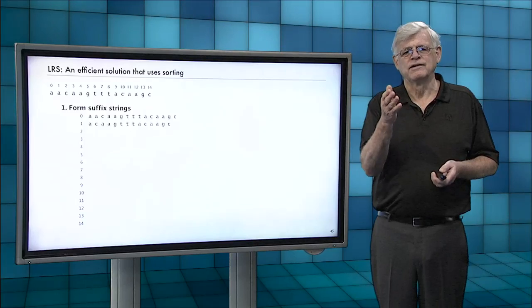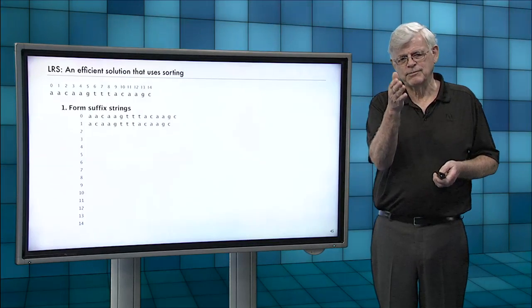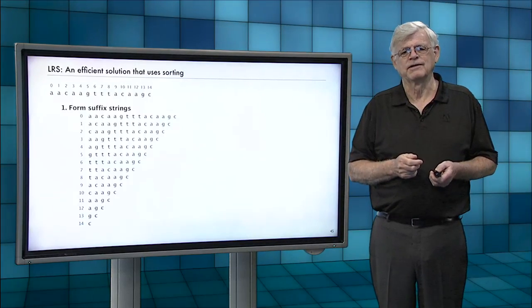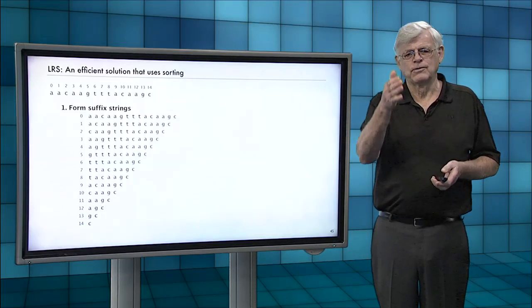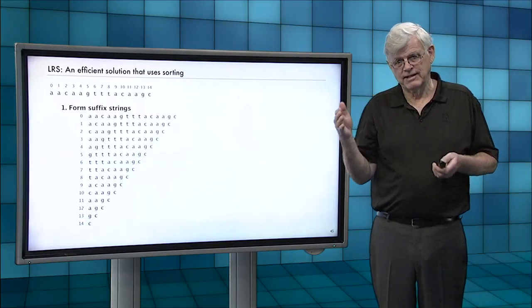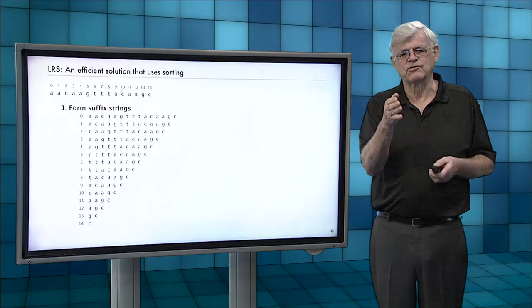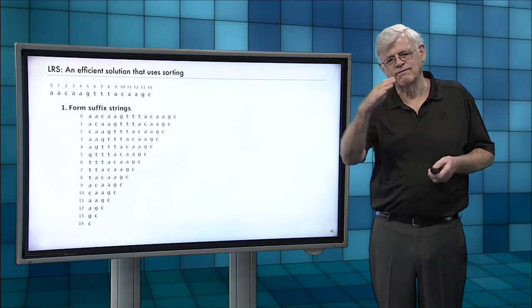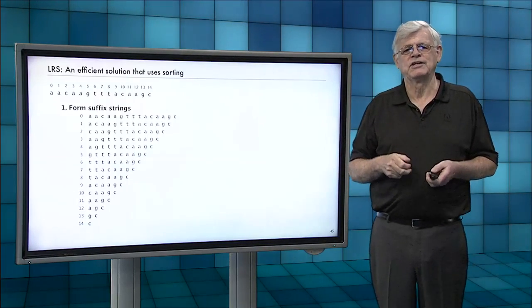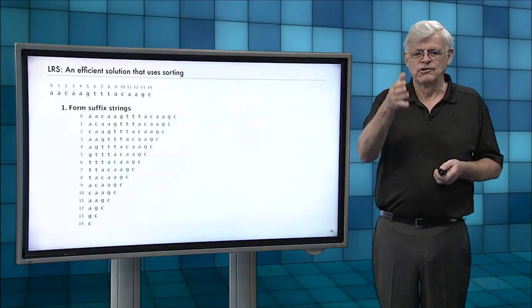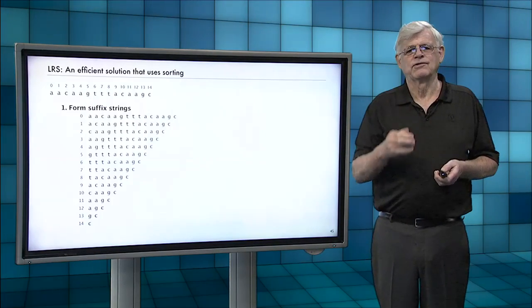Position 1 is the string that you get starting at position 1 in the original string, and so forth. So if the string is of length n, there are n suffix strings. Starting at position 10, it's the 5 characters at the end of the string, C, A, A, G, C. So there's n of those, n suffix strings.